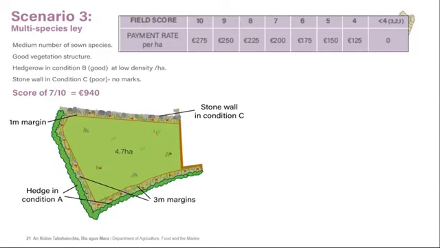But it's at low density per hectare, and it's calculated in grams, and a stone wall at the northern boundary doesn't get any marks because it's in poor condition. So adding all that up gets a score of 7 out of 10, which is €940 for that field, and a score of 9 out of 10 gives €250 per hectare for mixed multi-species lay.